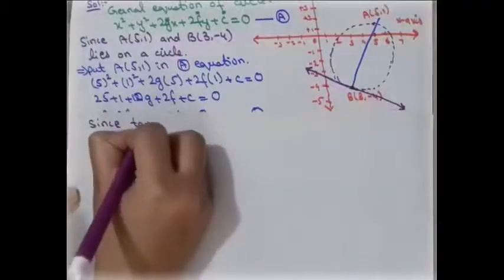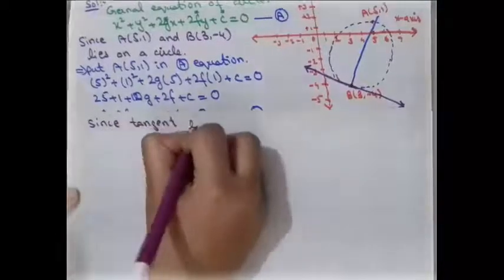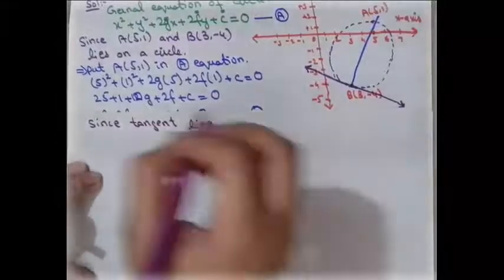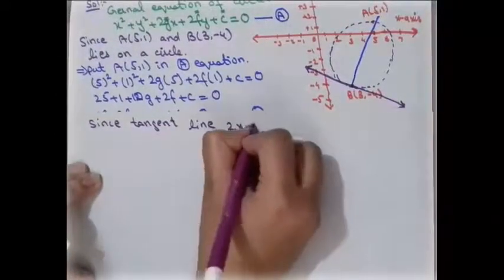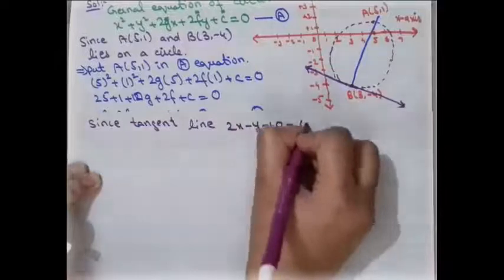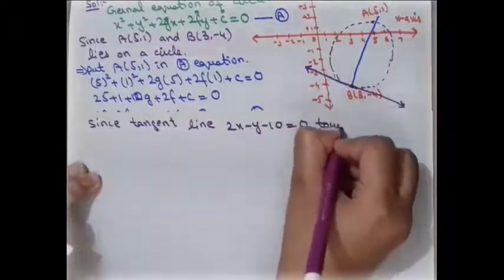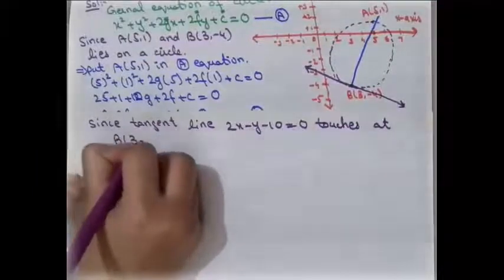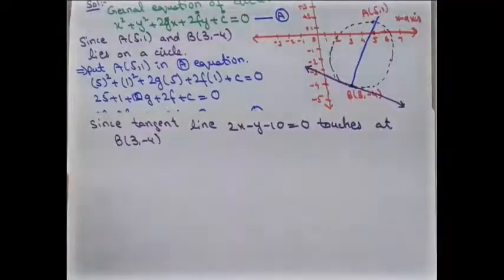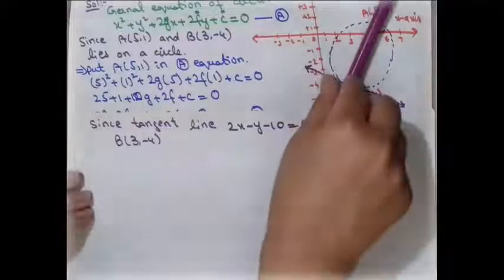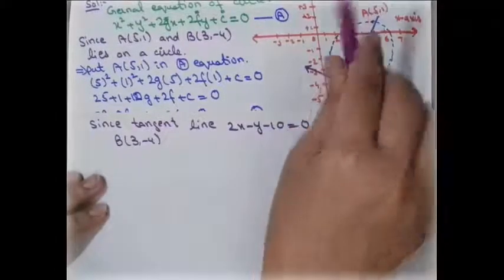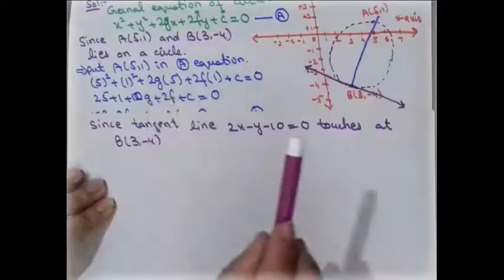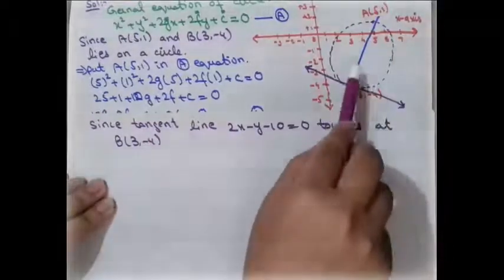Since the tangent line is given, which is 2x minus y minus 10 equals 0, and a point B which is (3, -4), to find the equation of a line perpendicular to the tangent, meaning the normal, we have to find the equation of the normal.